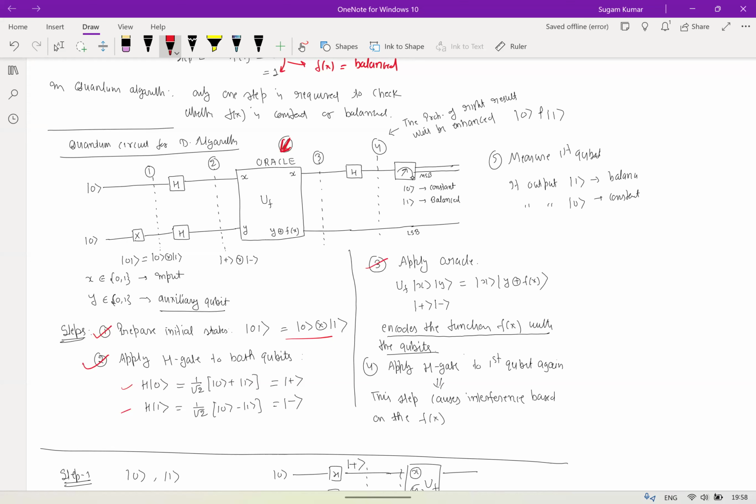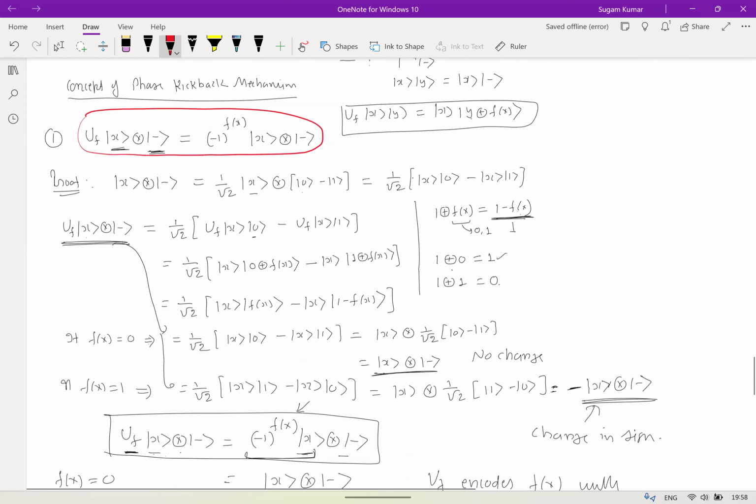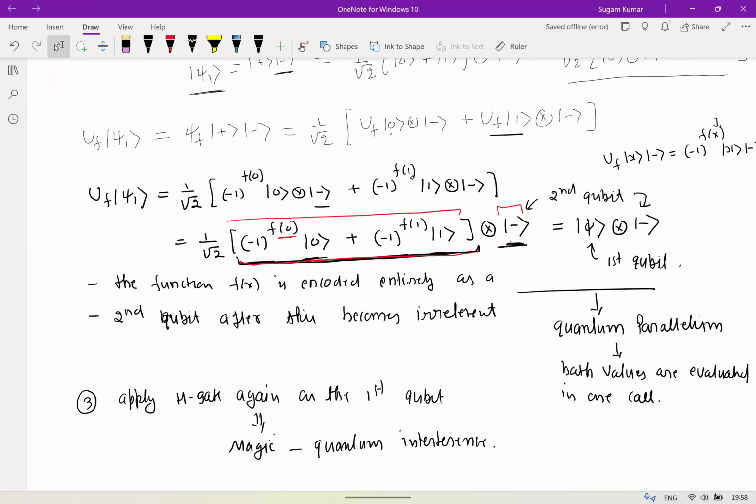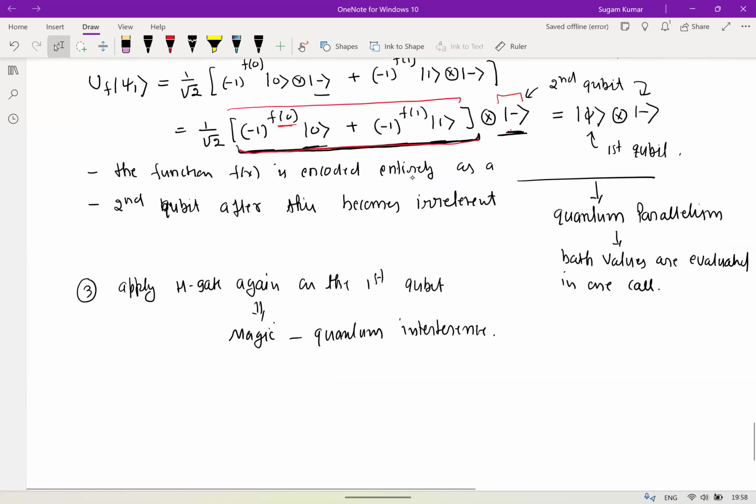After the oracle, the function f(x) is encoded with the first qubit, and now you have the first qubit in superposition, meaning you have all possible answers available with you. And how to enhance the one answer, I'm going to explain now with the third step. Is this fine? Shall we proceed?